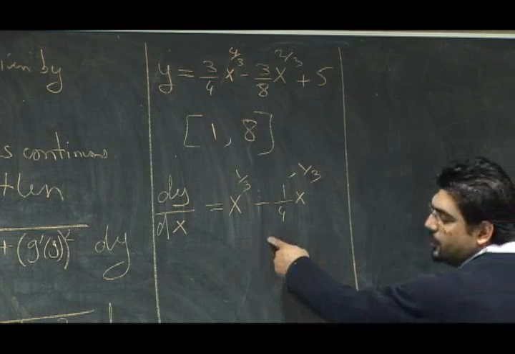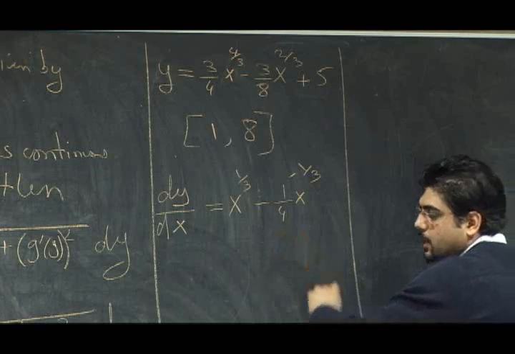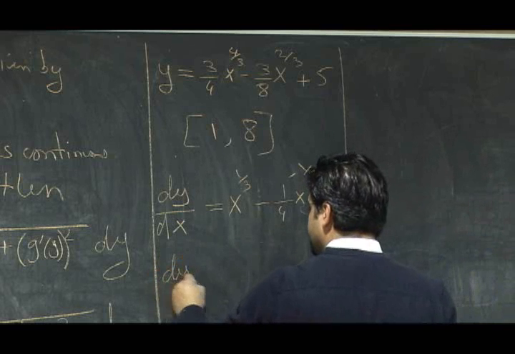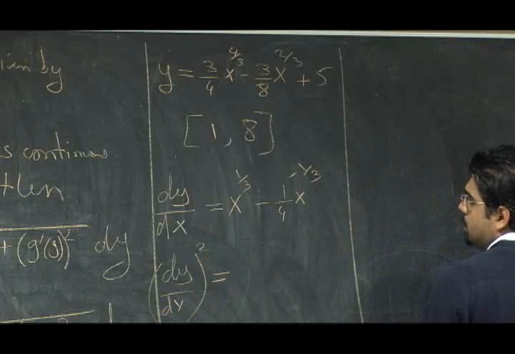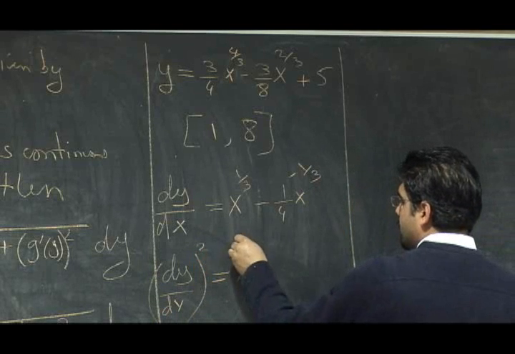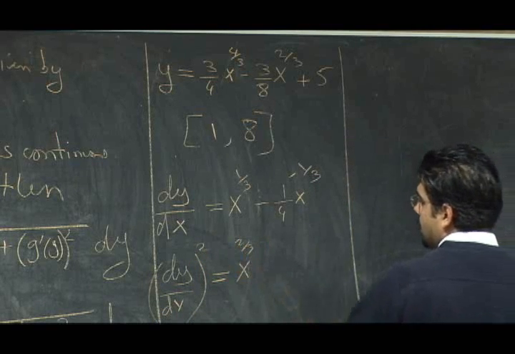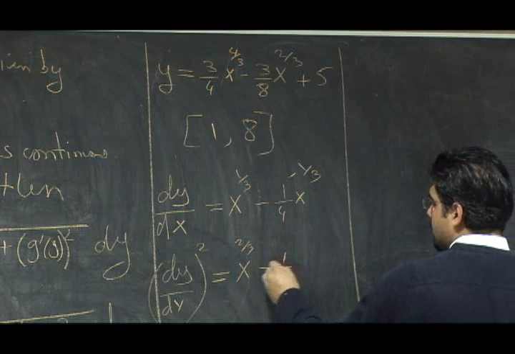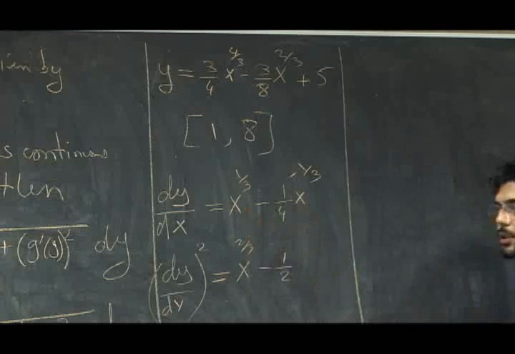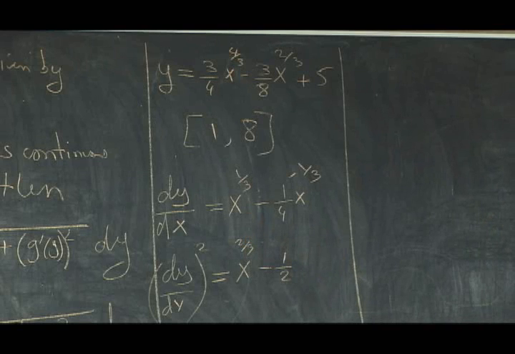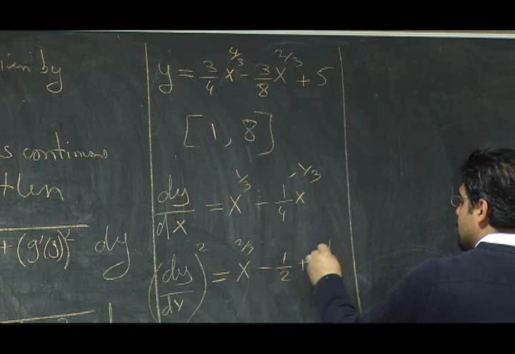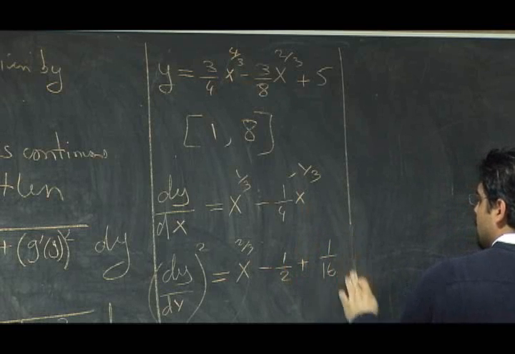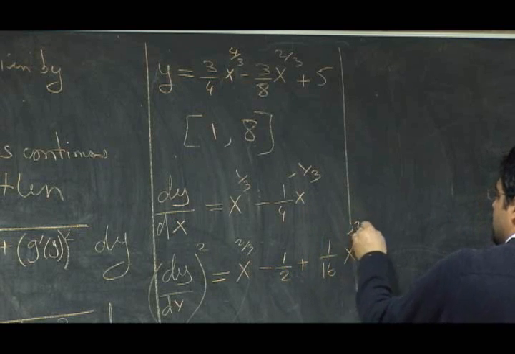And then we're going to have to square this, right? So let's square this before we write the integral. If you square this, you would have x to the 2/3 minus twice the product of these two, which is just a half, plus the square of the last one, which is 1/16 x to the negative 2/3.